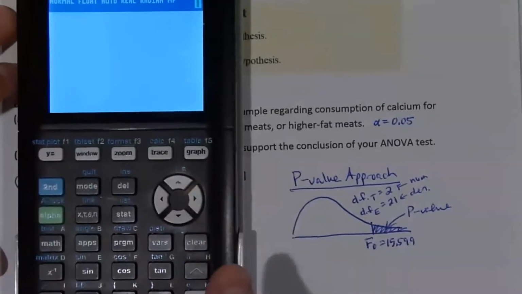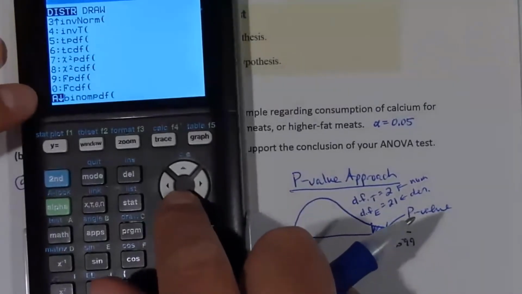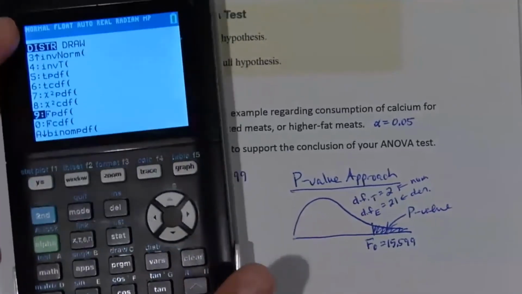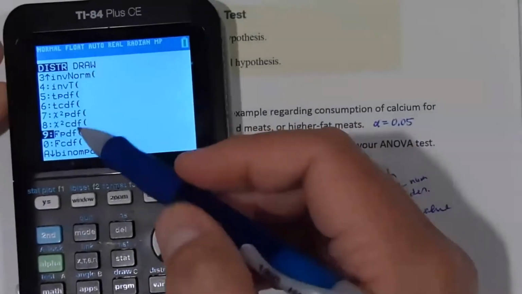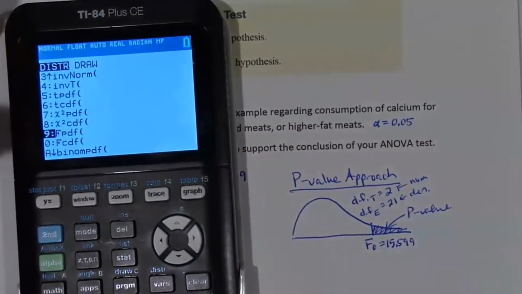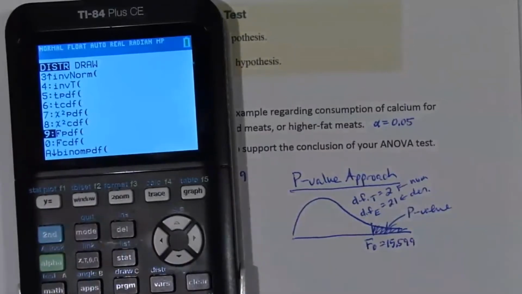And so if I go to distributions, we've been here lots of times. If you look on my calculator, it's options 9 and 10. I have FPDF and I have FCDF. Well, the FPDF command is if I want to draw an F distribution, like the graph of an F distribution, which we're not going to do in this class. The FCDF is like the normal CDF or the TCDF or the chi-square CDF commands that we've used.